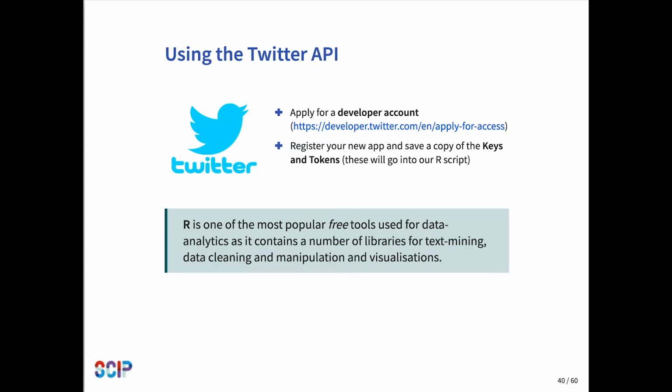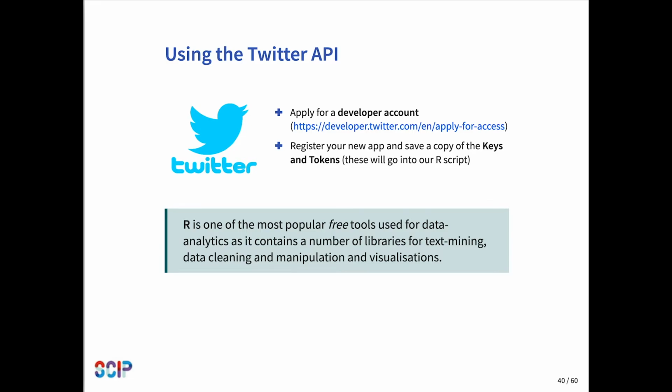So let's have a closer look at the Twitter API. As I mentioned, there's the URL there. If you're interested in collecting tweets from Twitter, you go to developer.twitter.com and register your interest for a developer account. Once you've created your app, you're then issued with a number of keys and tokens.